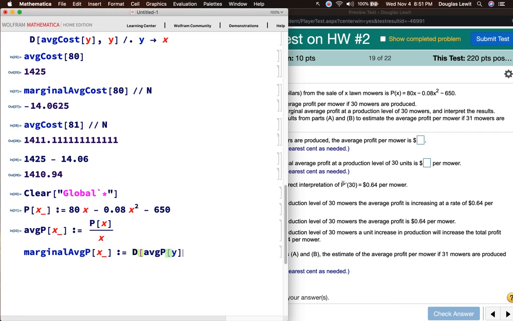Let's use another symbol. I'm using X here. I'll use another symbol here. I'm going to use Y, or any symbol you prefer. And then everything that's Y gets replaced with X.